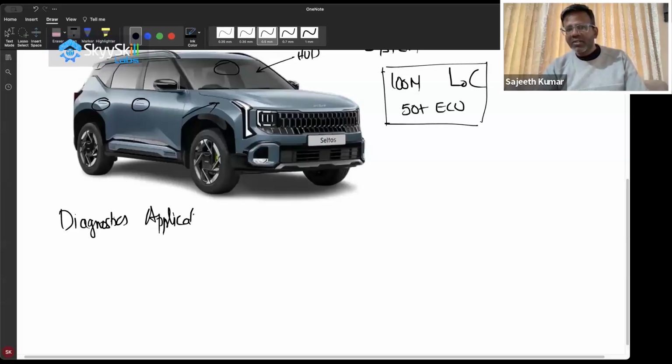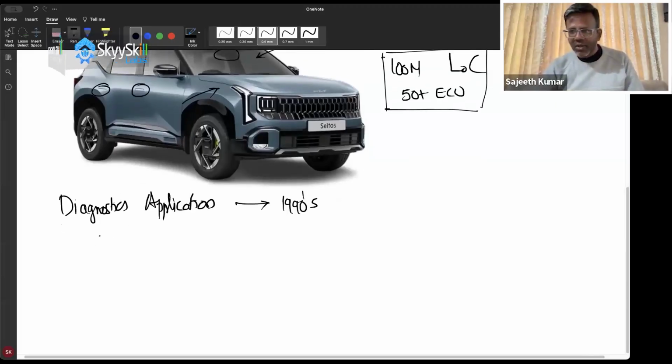Now, this diagnostics application, just to give you background information about how it actually started. When this started out sometime in the early 1990s, I mean late 90s or early 2000s, right? In the 1990s, what first happened was in California, there is an emissions control body.